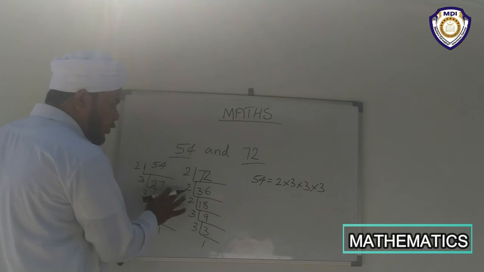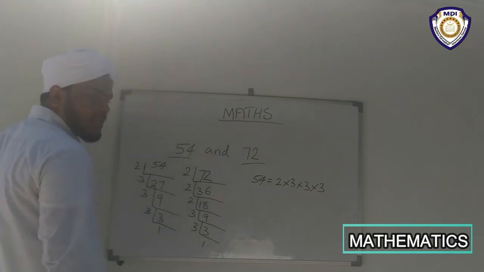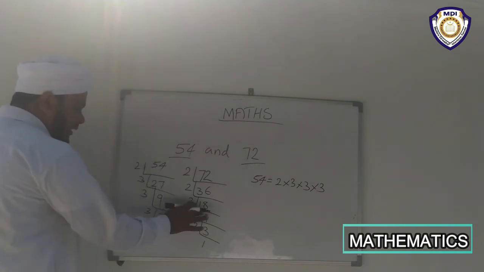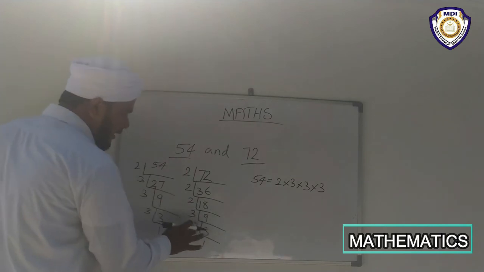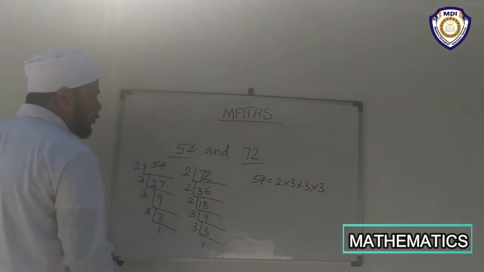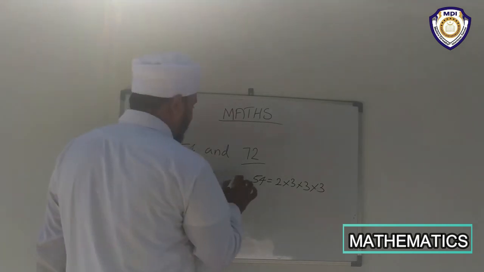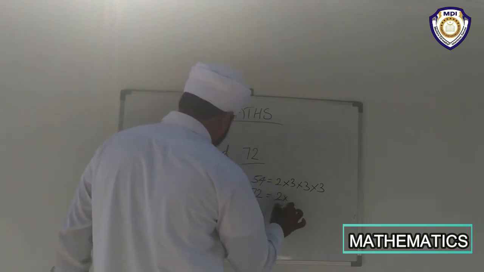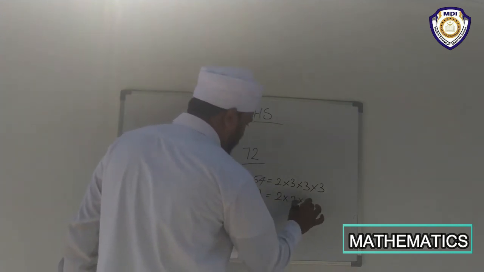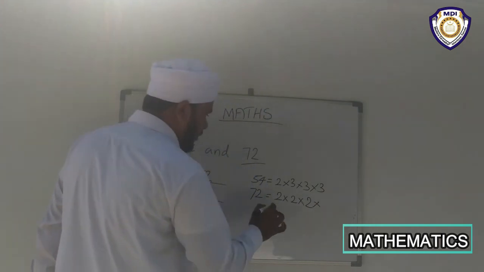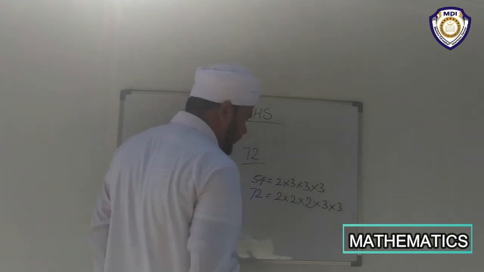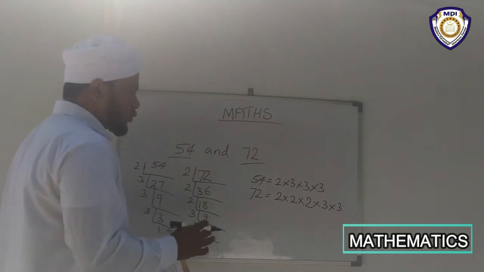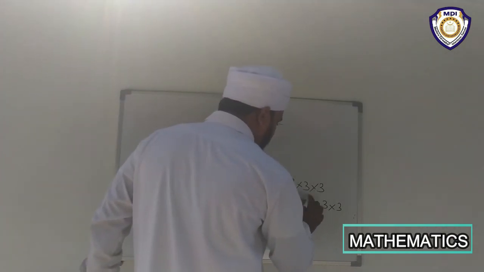Then we divide by 2, then we get quotient 18. Then divide by 2, then 9. 9 cannot be divided by 2, so we take 3. 9 divided by 3 gives quotient 3. Then 3 divided by 3 gives 1. Then the factors of 72 are 2 into 2 into 2 into 3 into 3. These are the factors of 72.